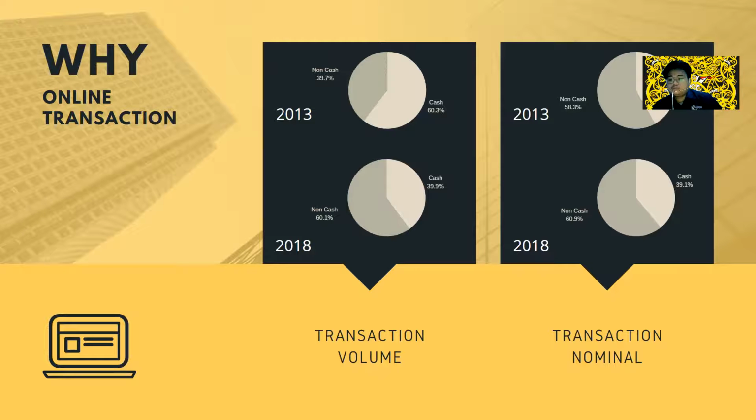But in 2018, we have a different nominal value. For non-cash, we have 60.1%, the same value for transaction volume and transaction nominal, and cash is only 39.9% in the transaction volume and the nominal.